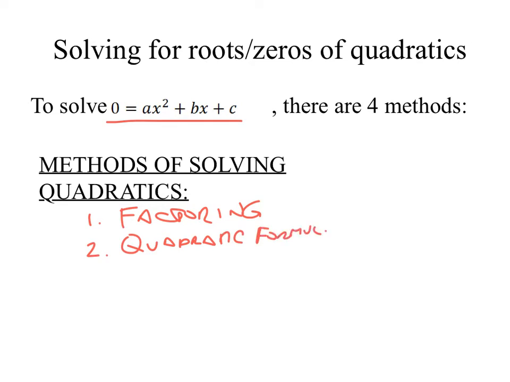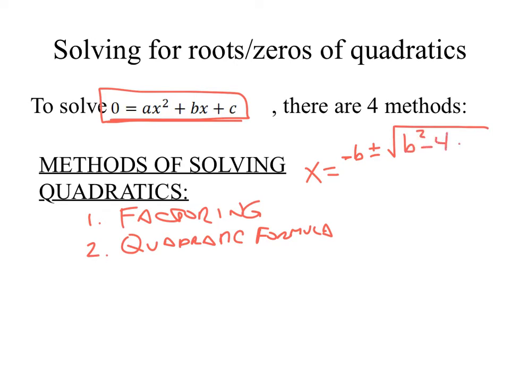And we want to write what the quadratic formula is. So again, if this is my equation set equal to 0, the quadratic formula is x equals the opposite of b plus or minus the square root of b squared minus 4ac, all over 2a. So we'll use that.